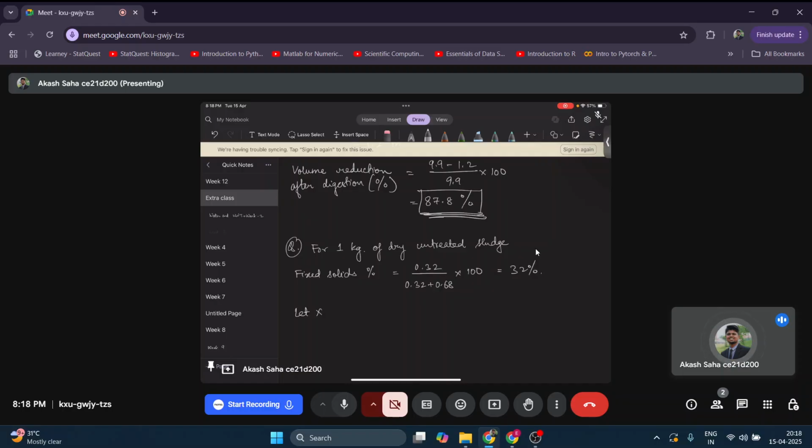So now let X equal the weight of volatile solids after dilution.